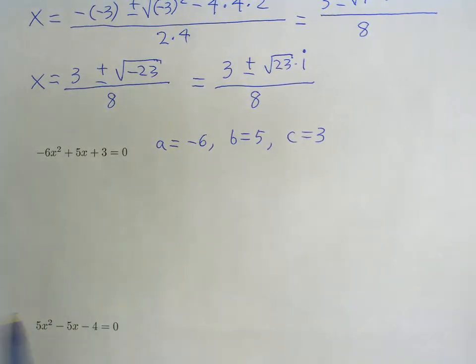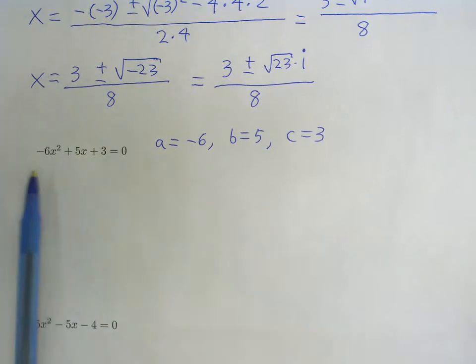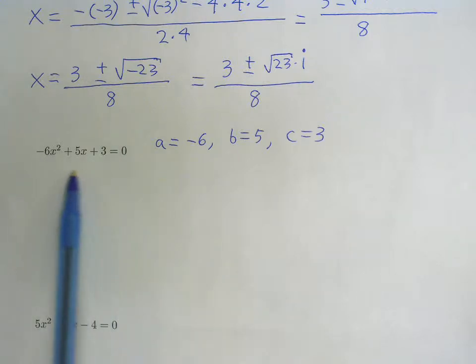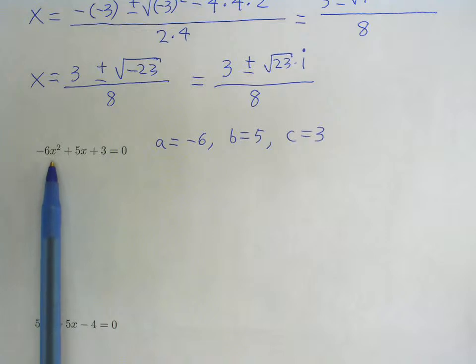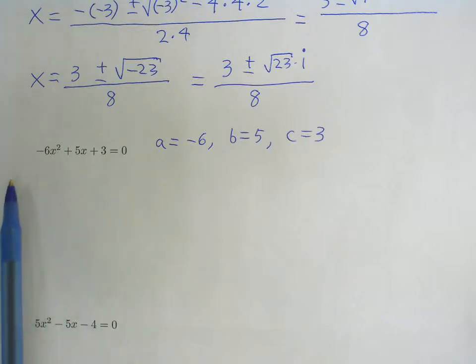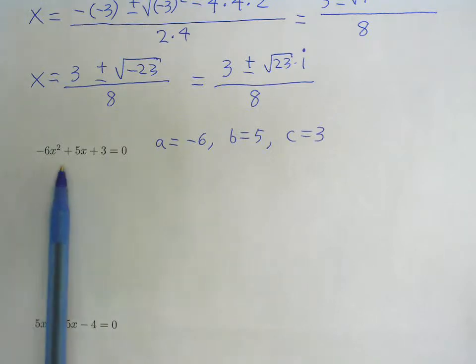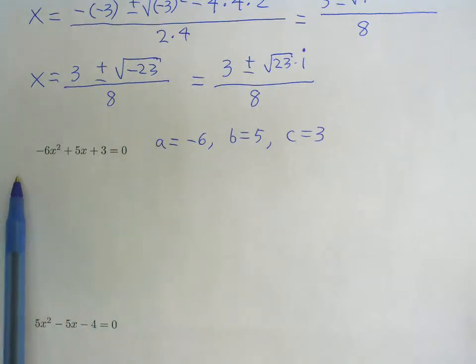Okay, I mentioned this yesterday: if you start out with a quadratic equation in standard form, and the coefficient of the squared term is negative, well, you don't have to leave it exactly in that condition.